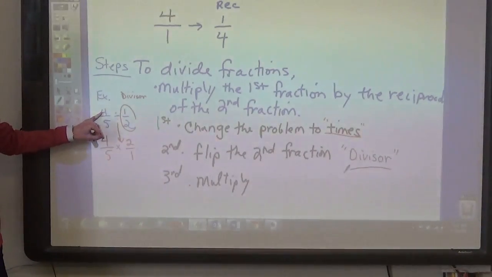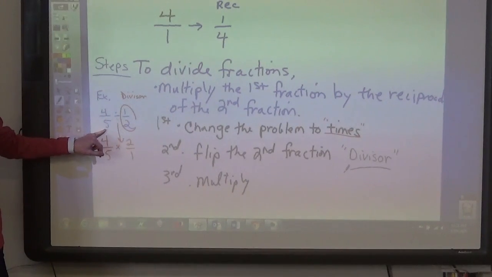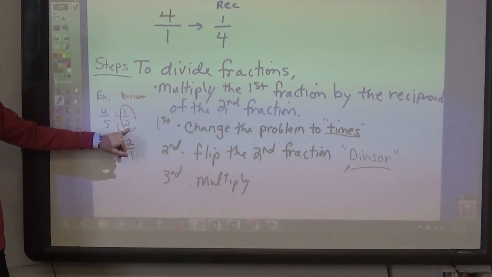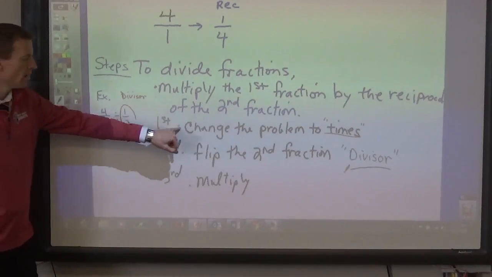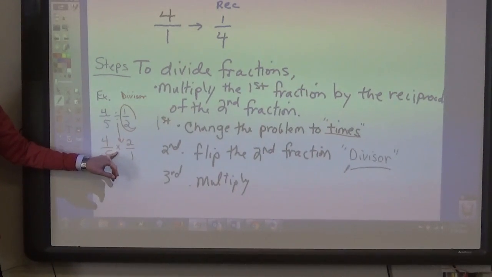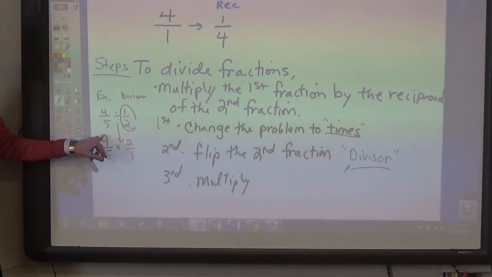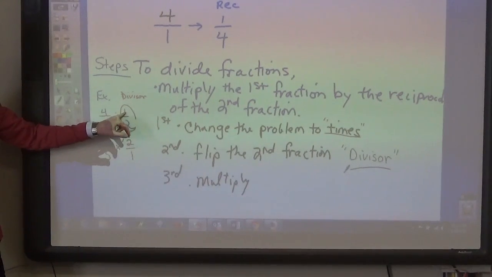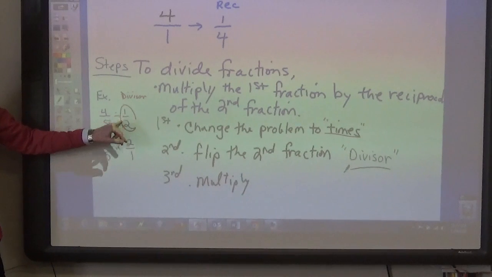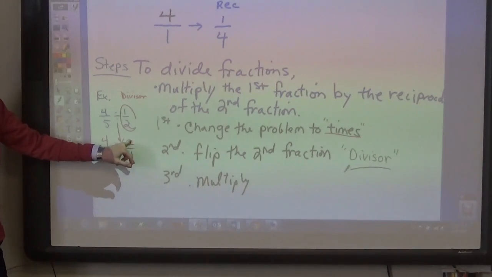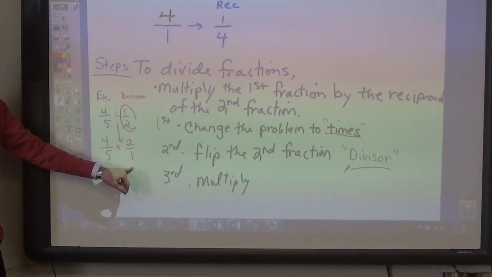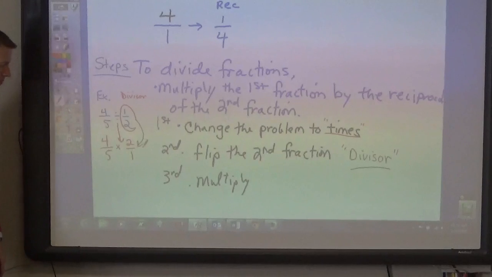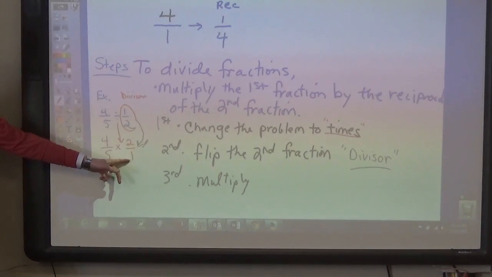Here's an example. Let's say you're given the problem 4/5 divided by 1/2. So follow the steps. Change the problem to times. So it says 4/5 times, but don't times it by the same fraction. Times it by the reciprocal of the second fraction. So we take the second fraction and flip it over, 2 over 1.